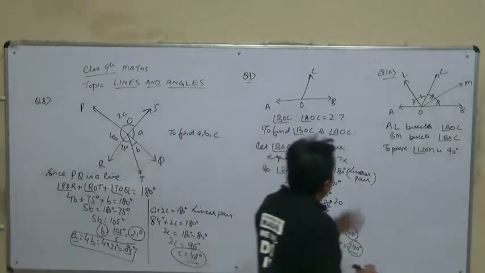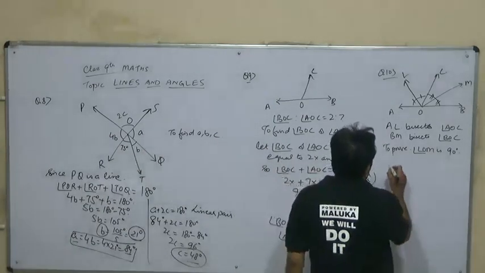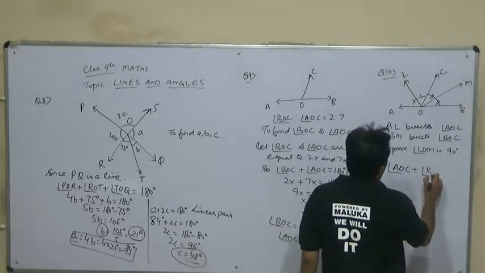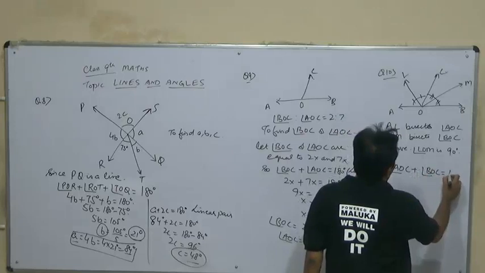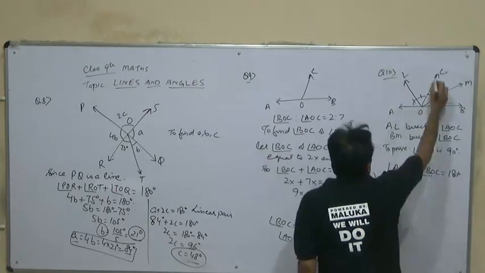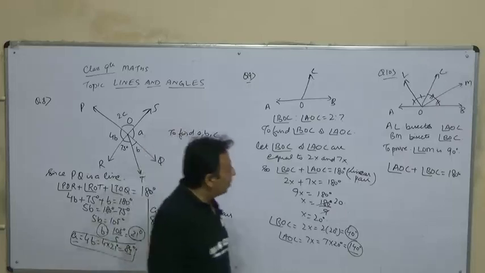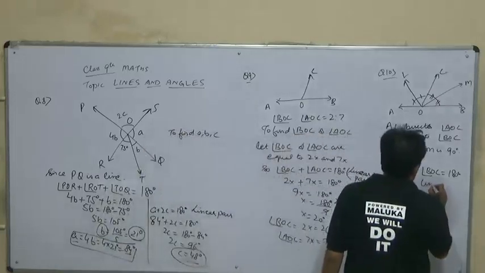We know that angle AOC plus angle BOC is equal to 180 degrees. Why? Because this forms a linear pair.